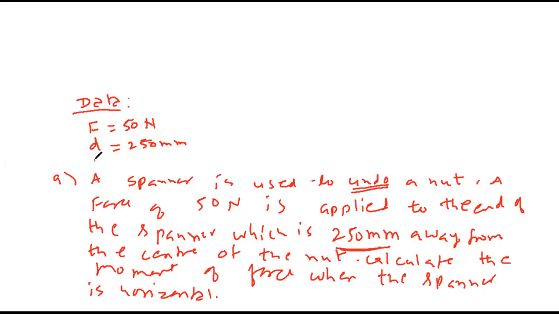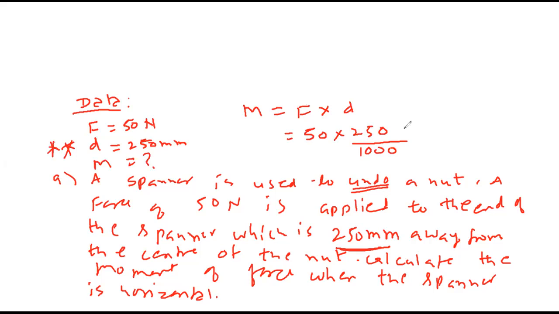What is the moment of force? Moment of force is force into distance. Force is in Newton. We have to convert this into meter by dividing with 1000. Very important. Had it been centimeter, I would divide by 100. But because it is millimeter, I divide by 1000.